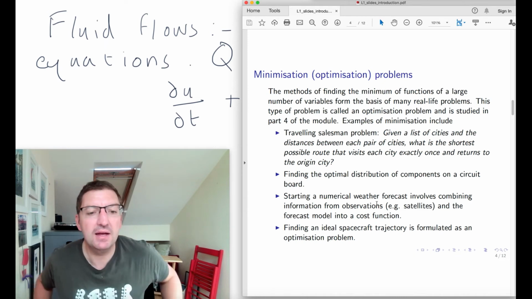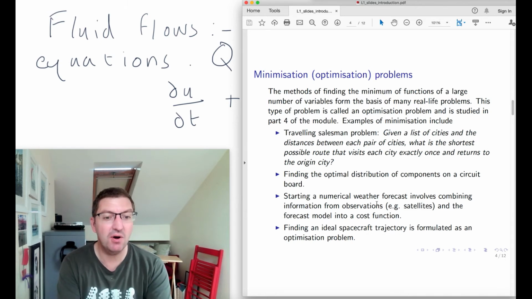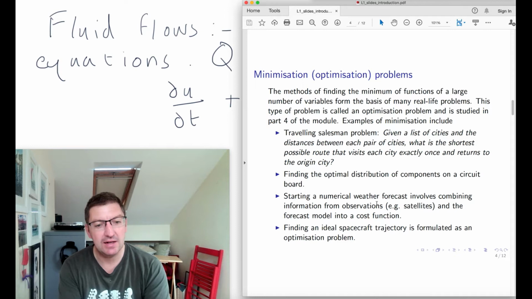So it turns out that getting these initial conditions is about minimizing a cost function. You have a big function of multiple variables, and you minimize that with respect to those variables.